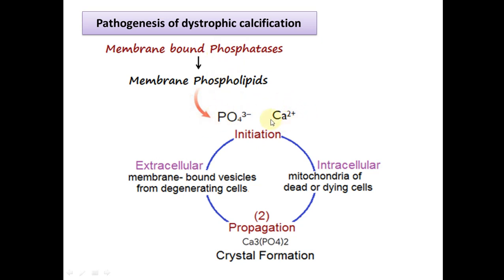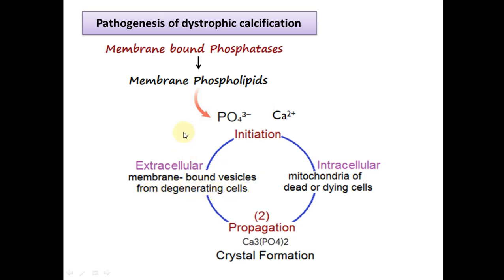Now, calcium in the nearby areas binds to this phosphate, forming crystals of calcium phosphate. So, abnormal calcium deposition may occur either inside the cells or outside the cells. Extracellularly, the calcification is seen in membrane bound vesicles from degenerating cells.